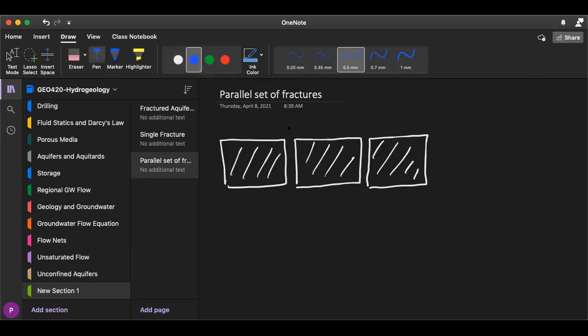And again, we've got this distance from wall to wall is L. This distance is S. This distance is H.